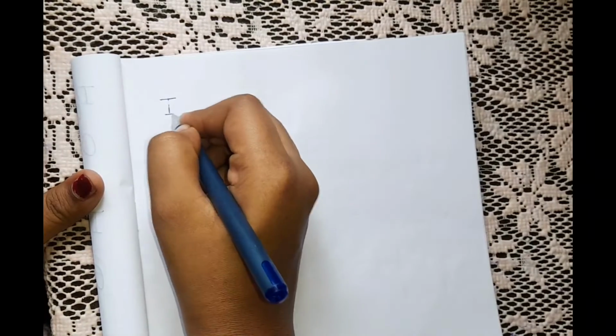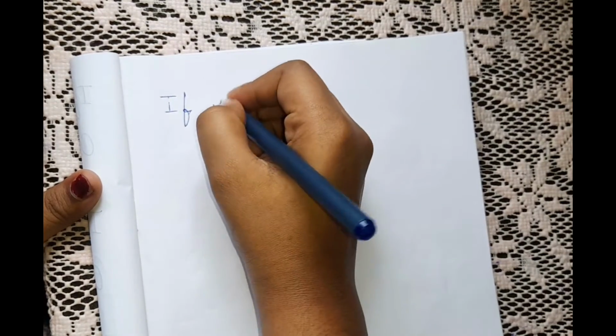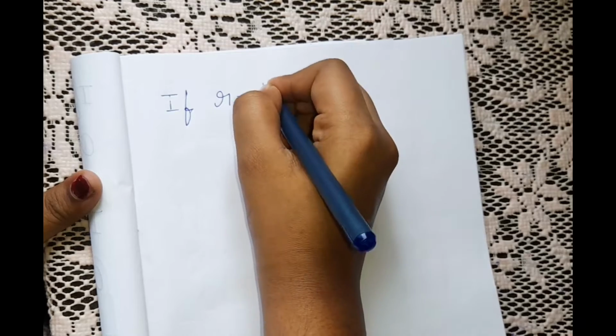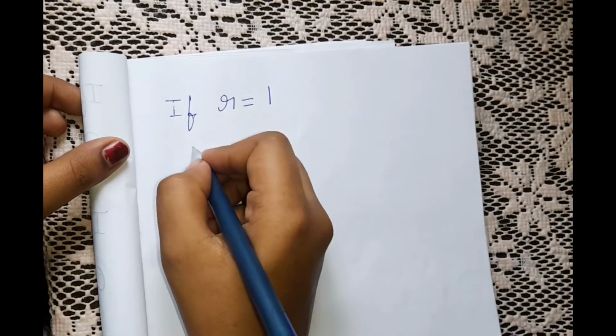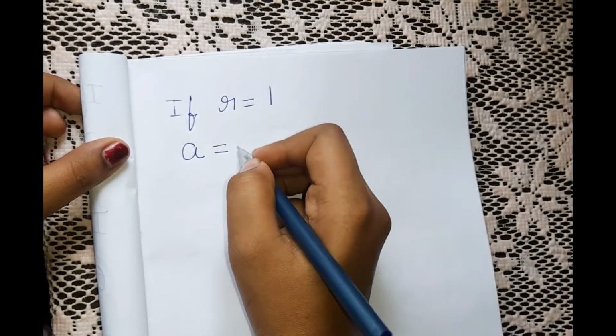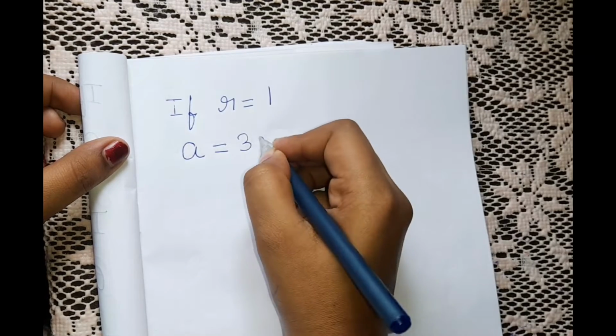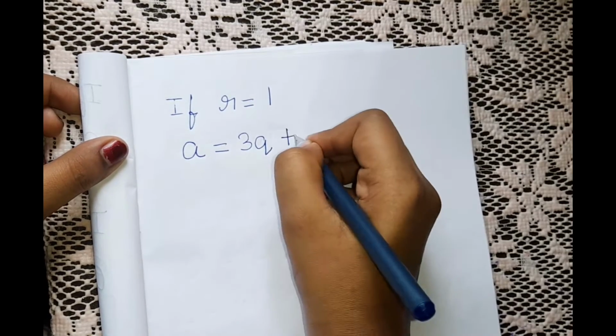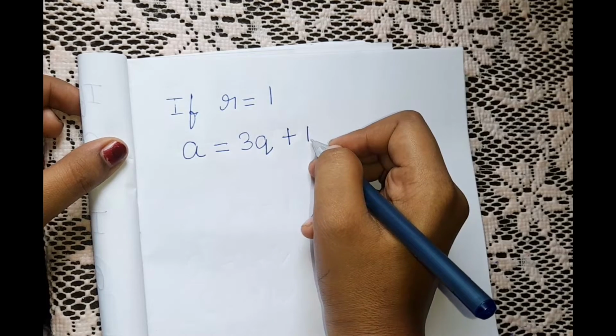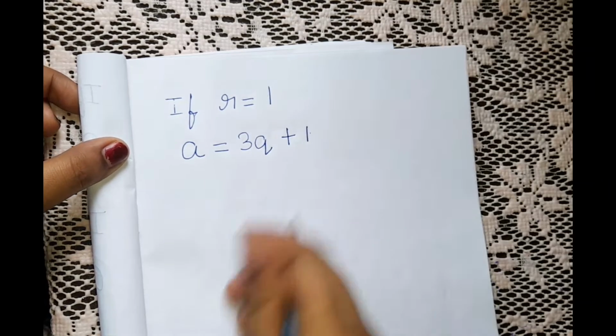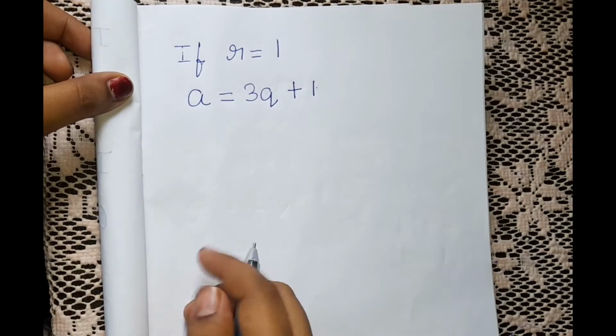Okay guys, now let's write if r is equal to 1, then a is equal to, instead of b I wrote 3 into q plus 1. Here in r place I wrote 1. Okay, now let's square it.